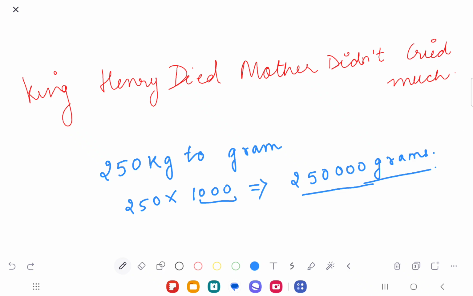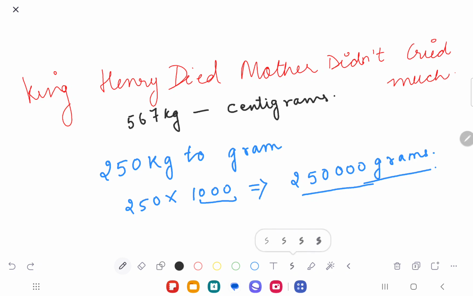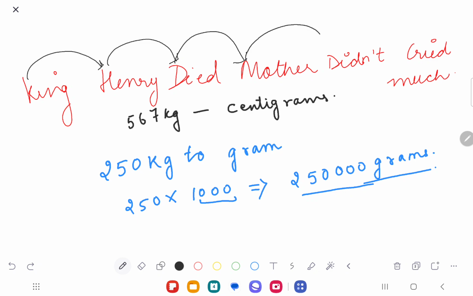Now understand. When we have this particular method, it is easy for you to convert. If I ask you to convert 567 kilograms to centigrams, how would you convert, Adam? One, two. Forward or backward? Forward. Three, four, five. Every step we are moving forward. No, centigram. So we have to stop at centigram.